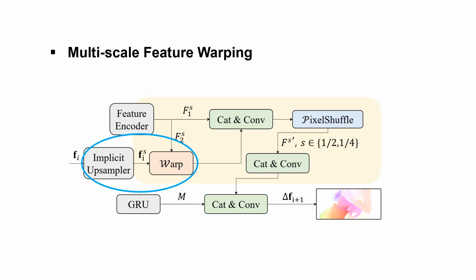The key technique here is to warp the high-resolution feature maps extracted from the feature encoder by the estimated optical flow. In order to warp the various sizes of feature maps, we leverage the implicit upsampler, which upsamples the estimated flow into the size of each feature map. In this way, we can estimate the residual flow by utilizing high-resolution information by circumventing the memory intensity of the correlation volumes.